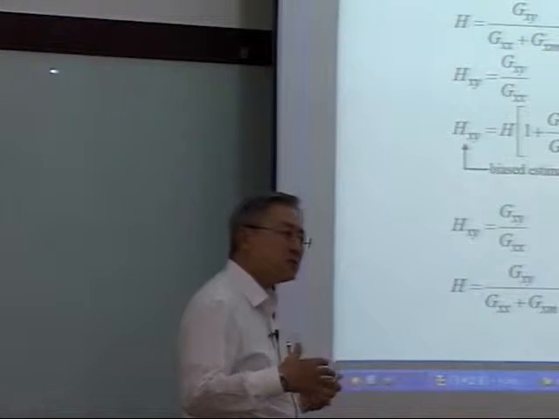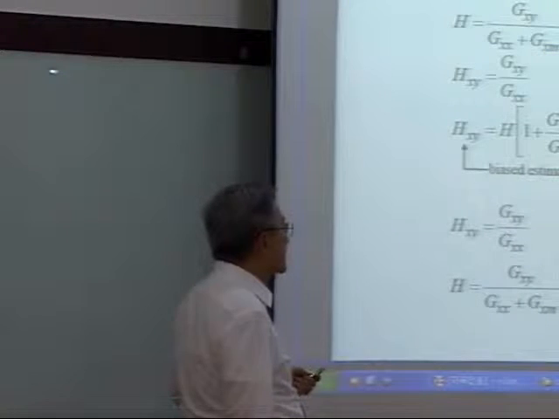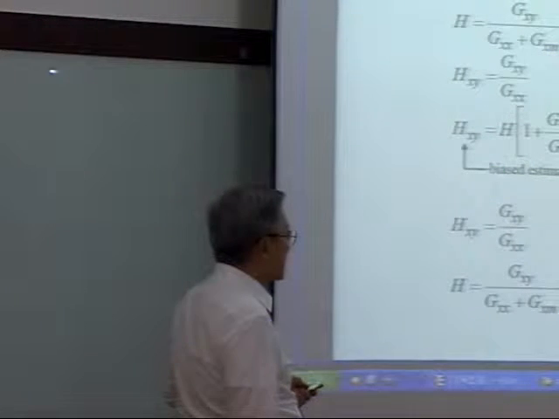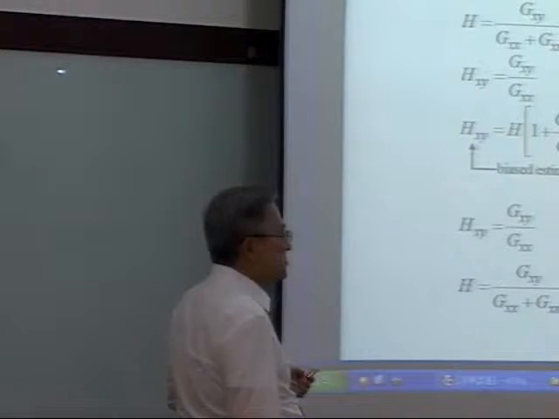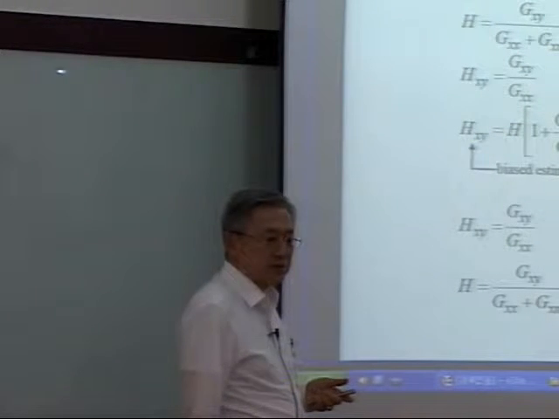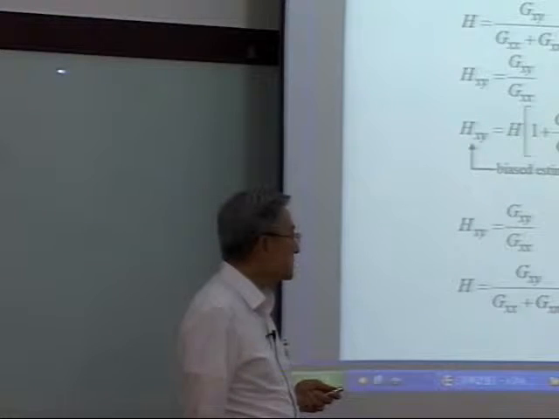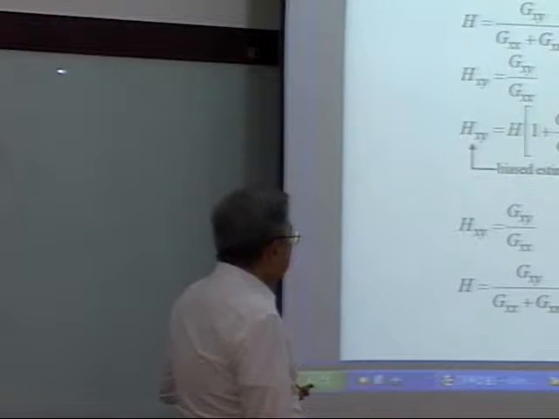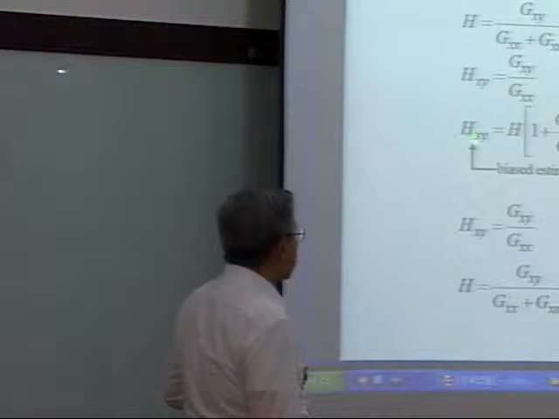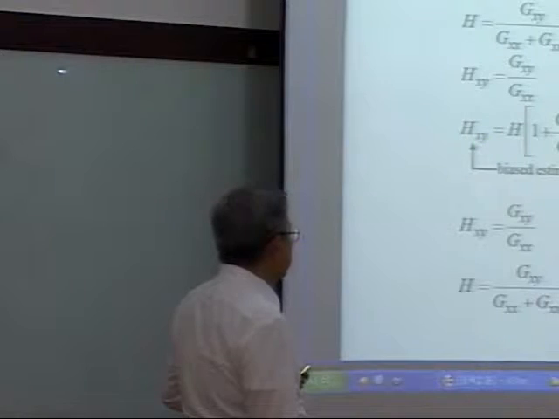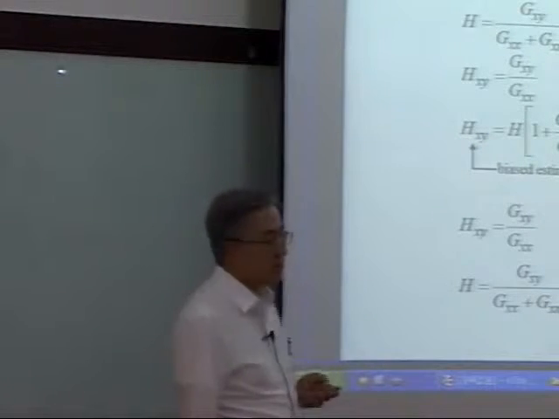So whenever noise is affecting it, the easiest way to remember is to say that this is a biased estimate. Okay? And the measured frequency response function has a GXM.